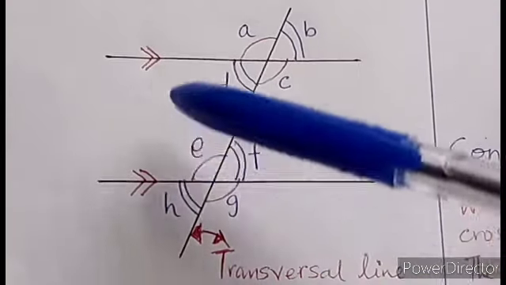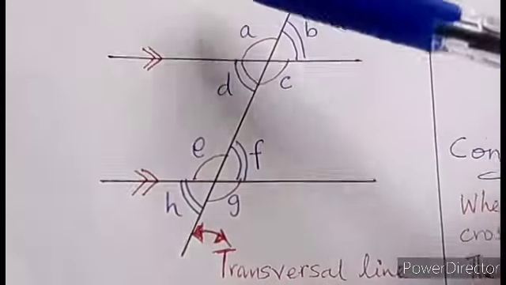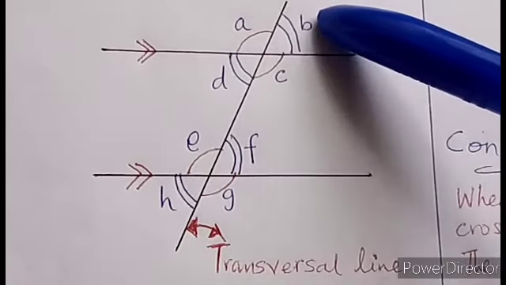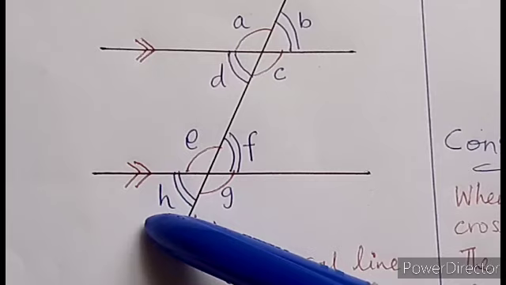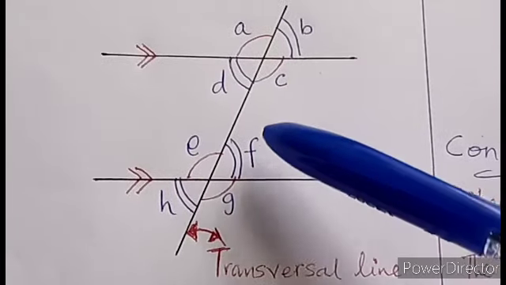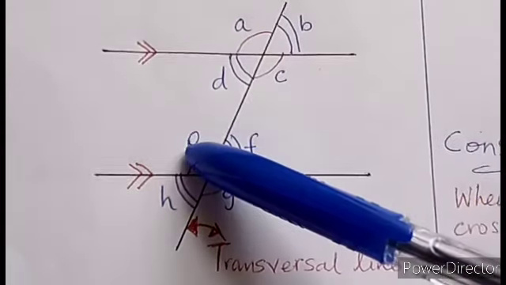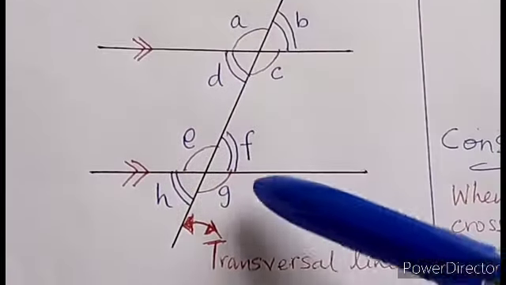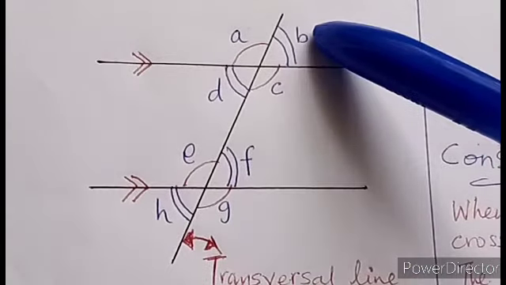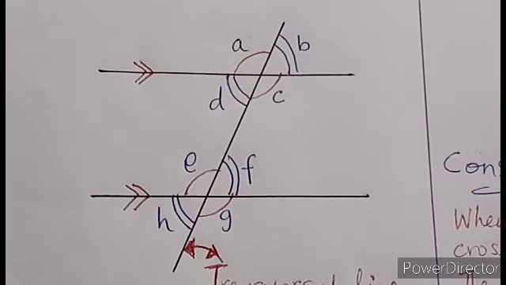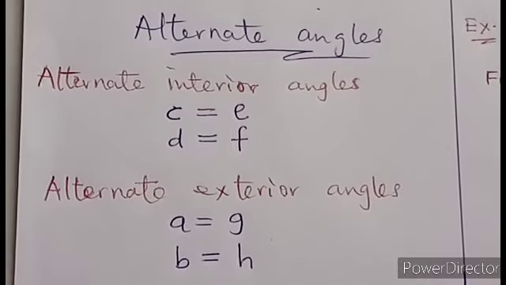Similarly, if I go outside the parallel lines, A will be equal to G and B will be equal to H. That simply means that the alternate interior angles are D equals F, C equals E, then alternate exterior angles A equals G, B equals H. In summary, they are all called alternate angles.